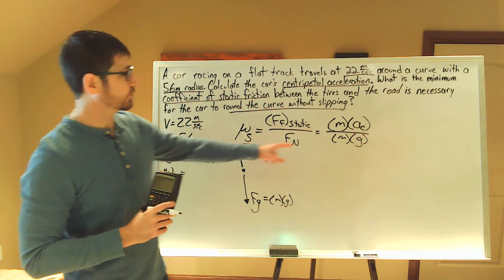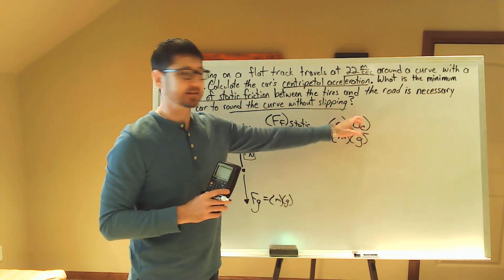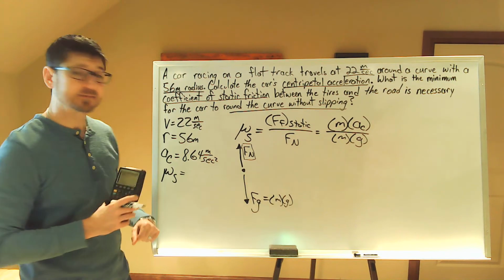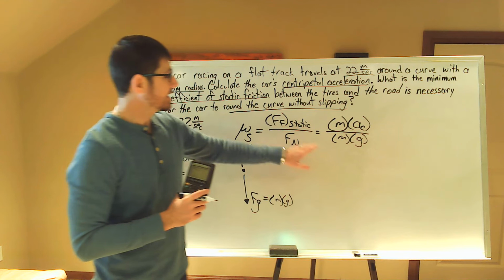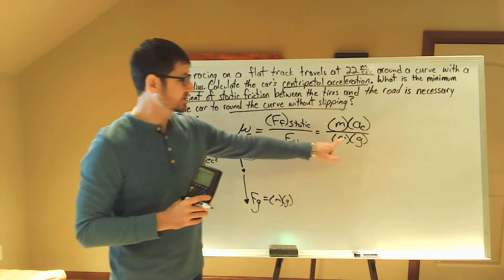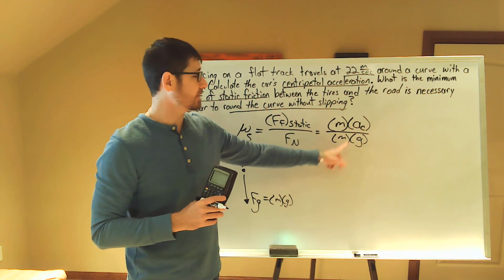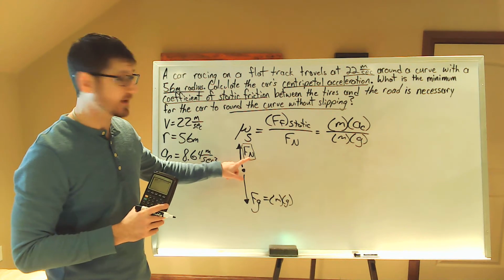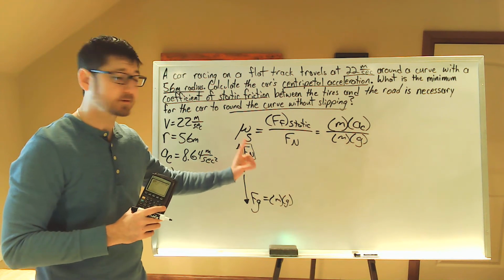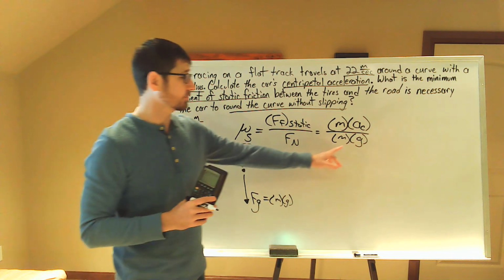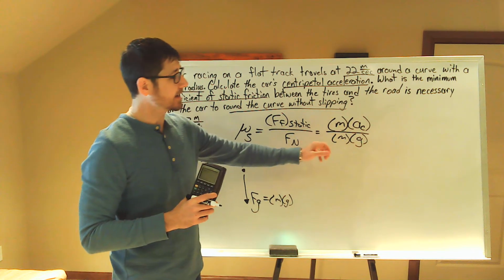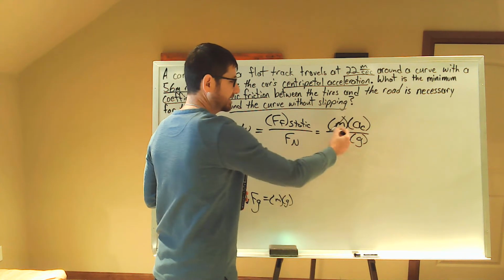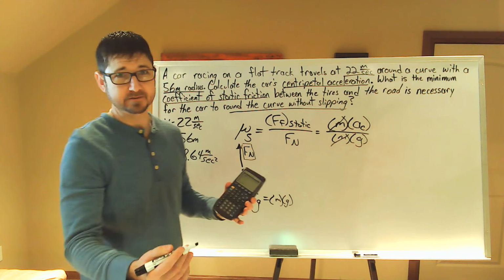So in my numerator, I have mass and centripetal acceleration, which we've already calculated at 8.64 meters per second squared. In my denominator, normal force is the product of the object's mass and gravity. And remember, we're using a positive value because our vector's pointing up, so we must show direction since it's a vector. Now, looking at this, we have mass in the numerator and mass in the denominator, so those can cancel.